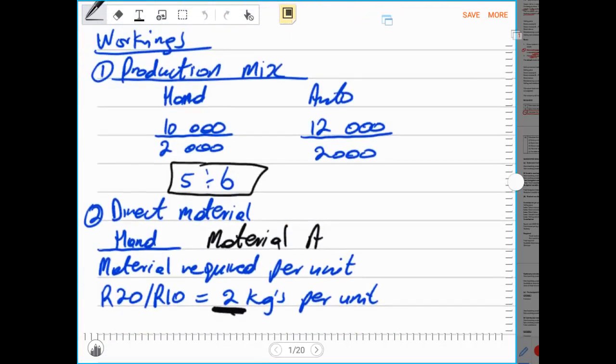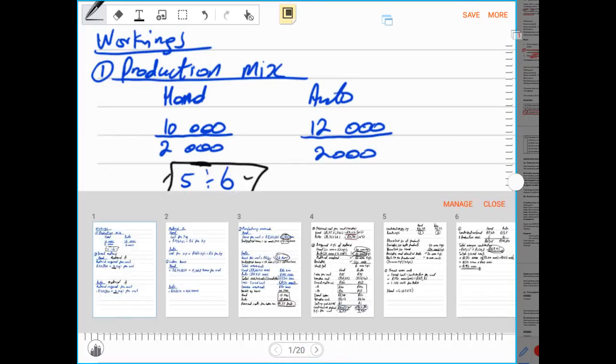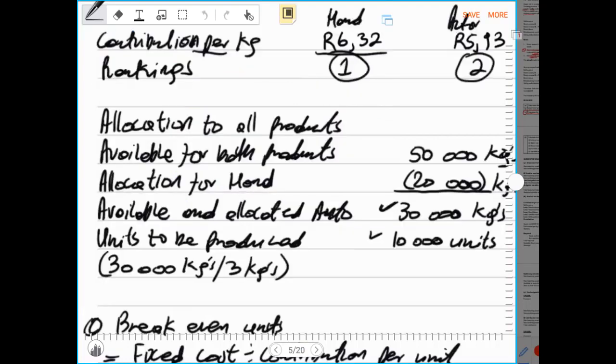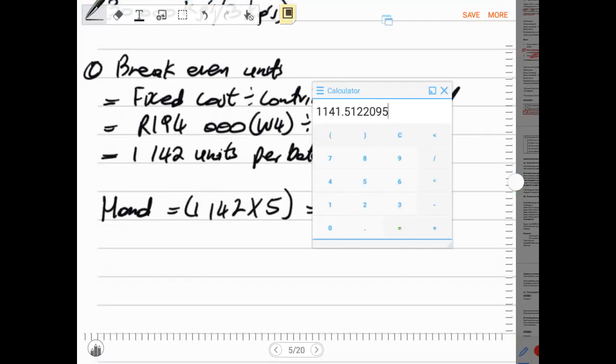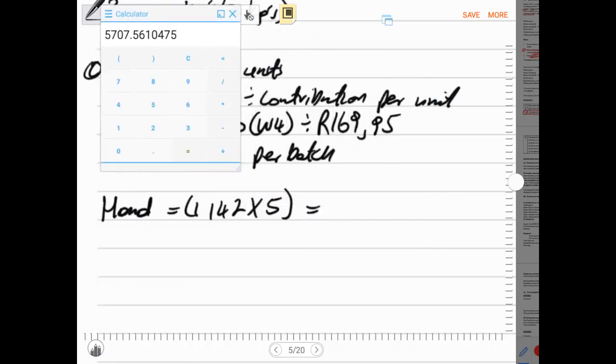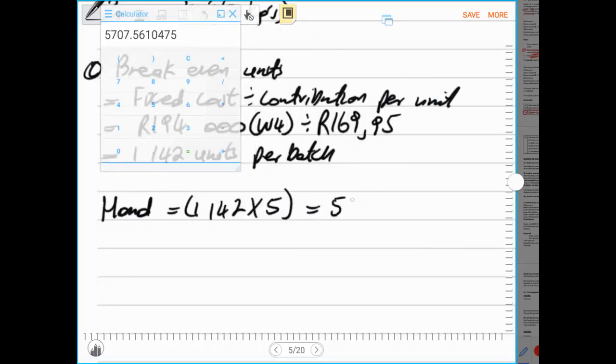We multiply by the production mix at the end, when you want to determine the number of units that must be manufactured for the company to be at the break-even point, which is the 5 and the 6. So multiplying by 5 gives us the break-even point for the first product, hand, which is 5,708.